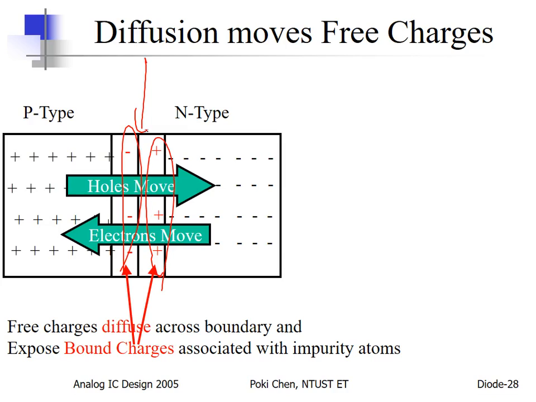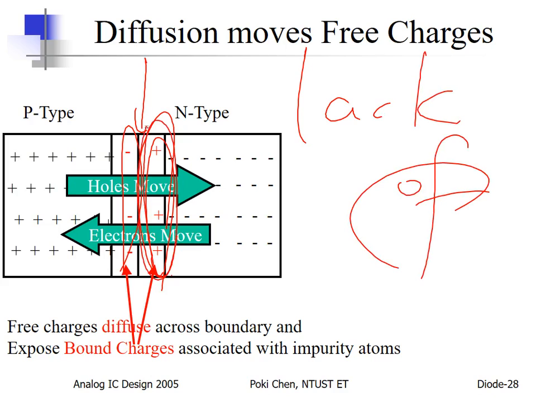Why? Because you lack majority carriers here, majority carriers there. It becomes a desert, almost no carrier inside.